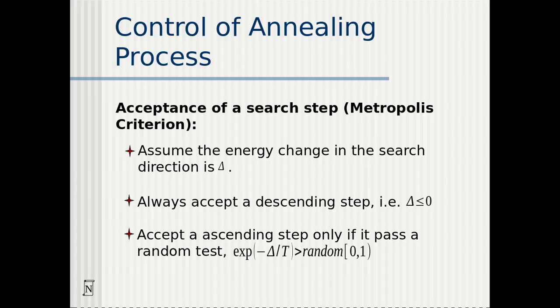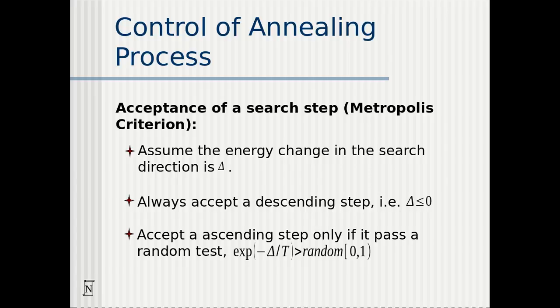We want to find the global minimum energy of all the states. So a descending step is a step in which delta is less than 0, so the energy of the new state is less than the energy of the current state. We are going to always accept that state because it's better.